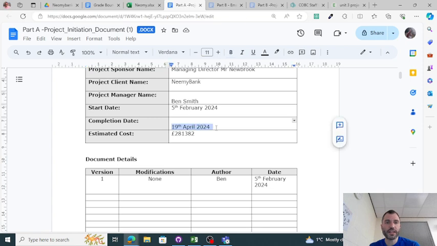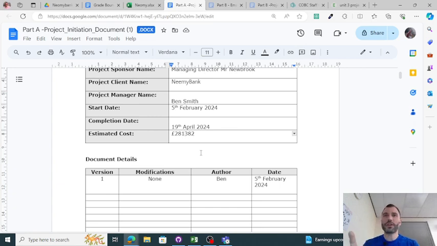When I costed it up and did my timescales, I actually managed to get it to finish on the 19th. I know some people went over. I doubled up on certain tasks, for example on the software tasks, and I costed it in at 281,000.